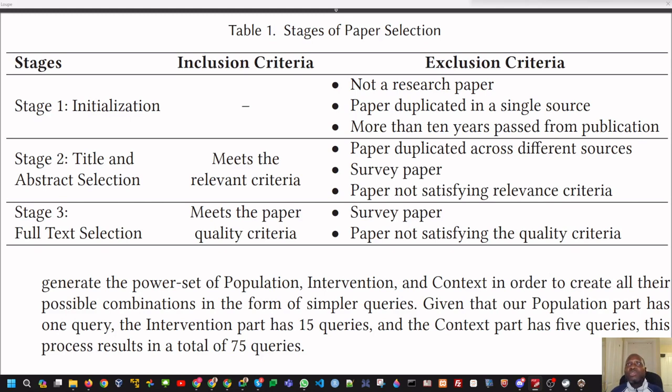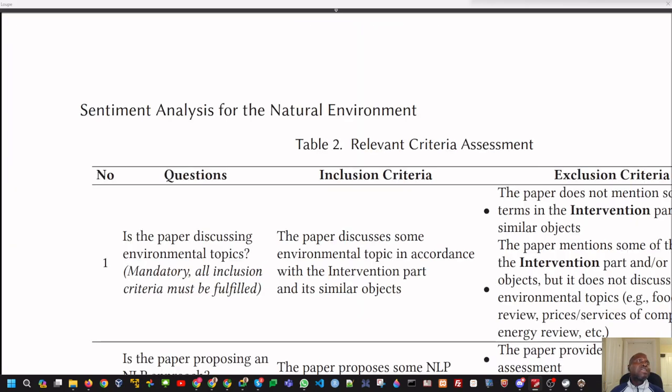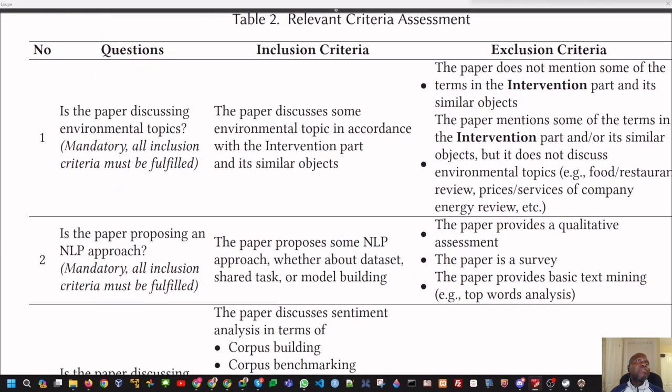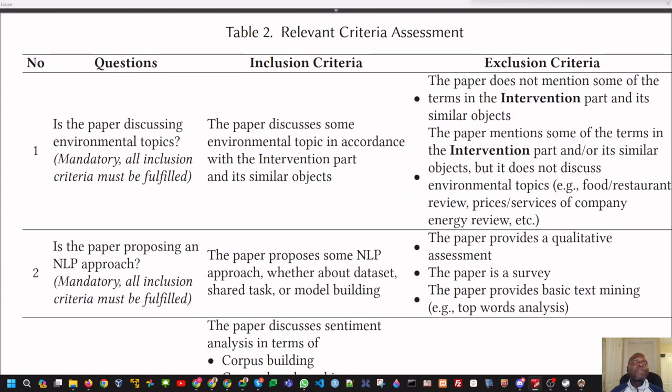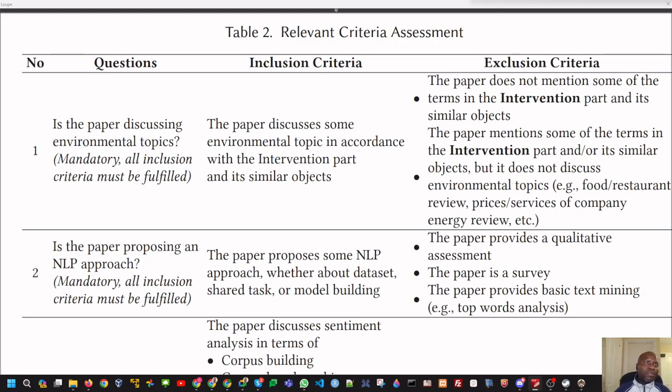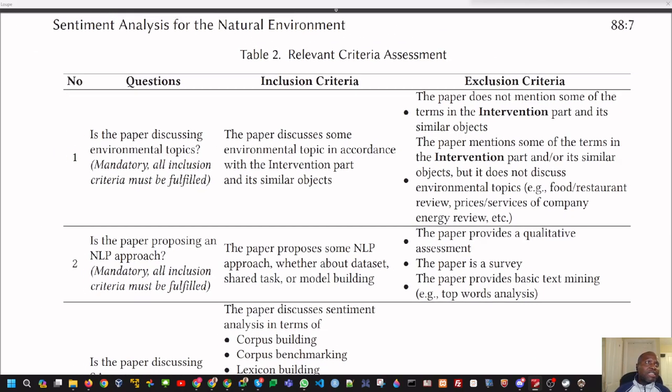Right, these are just the stages that they look at, so I will not go into the details of that. Of course, they give another table with a more detailed inclusion relevance criteria. They were talking about relevance criteria, isn't it?